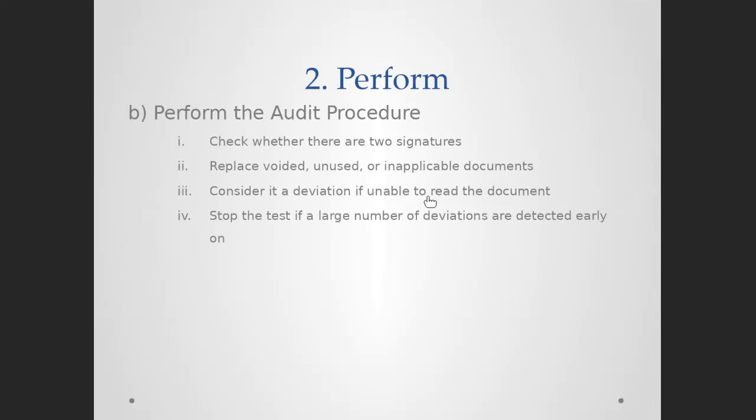It's not clear. The official audit procedure says, if you have a document like that that is not clearly written and you cannot read, you consider that a deviation. Remember, this is the official audit procedure.